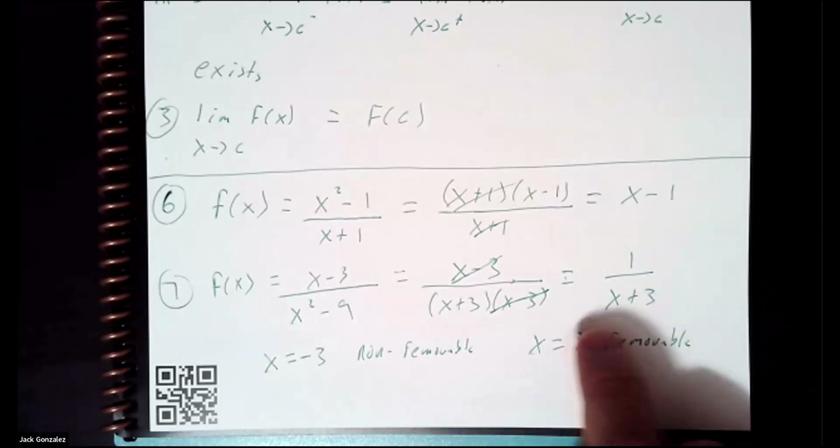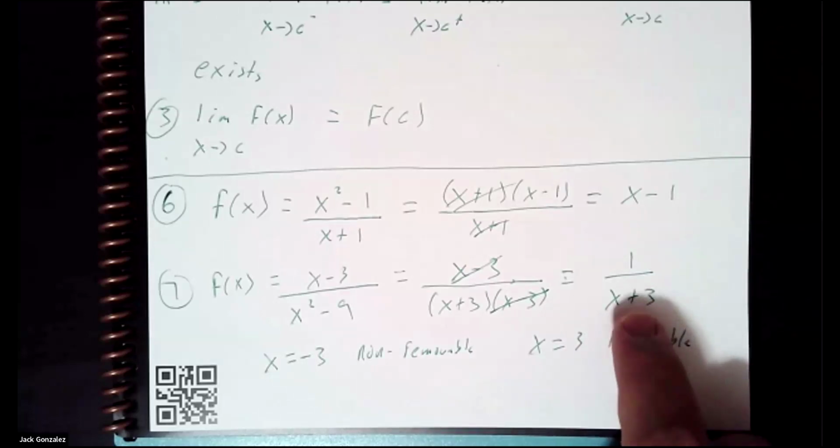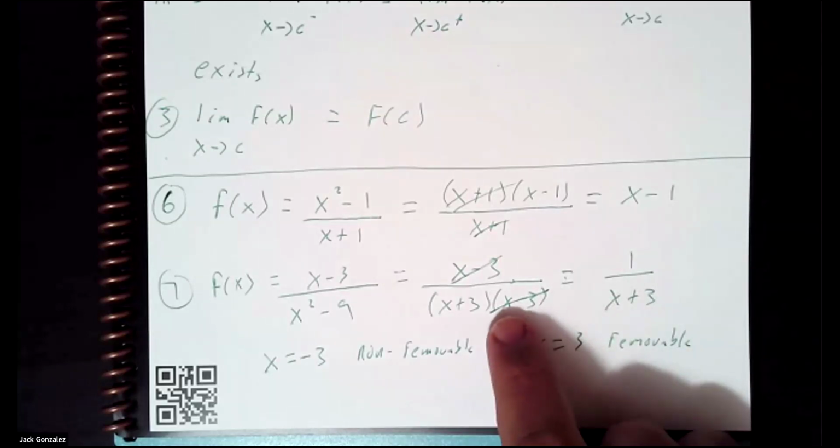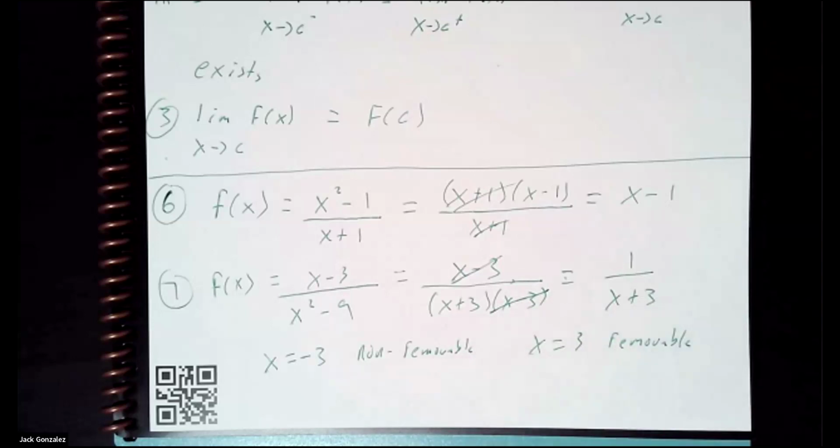Because 3 does not make this 0 anymore. Because the one that made it 0 is gone. Does that make sense? Yeah, that makes sense. Thank you.